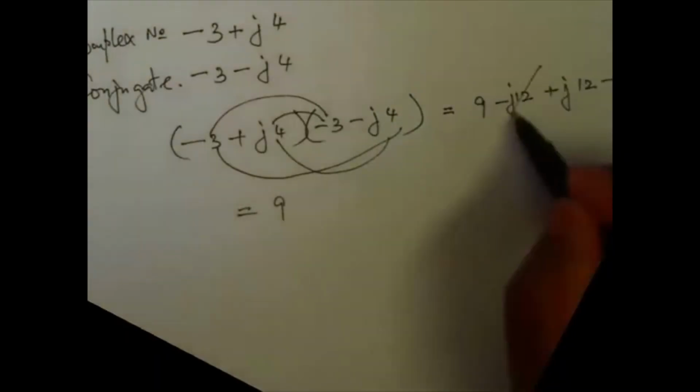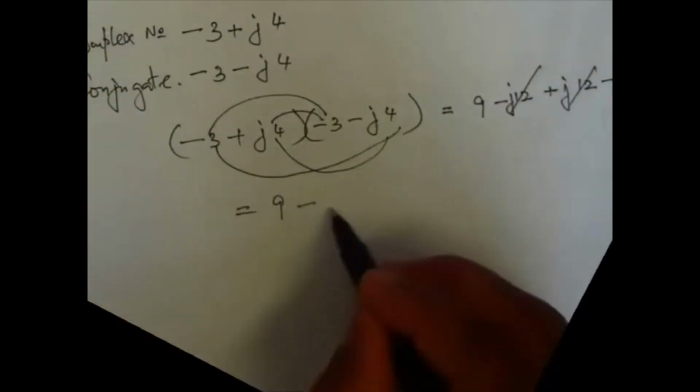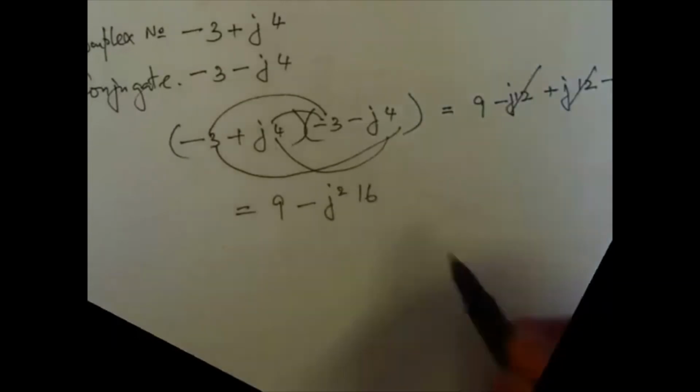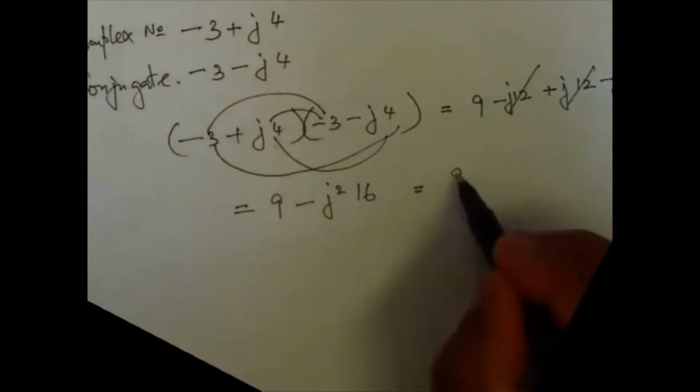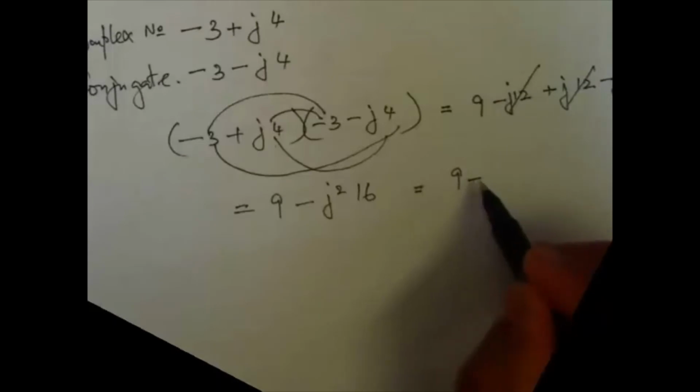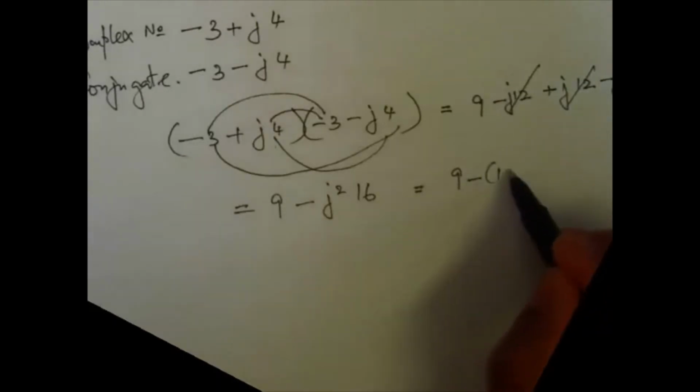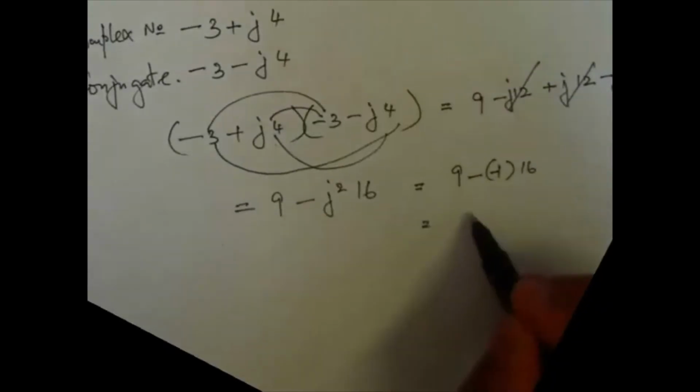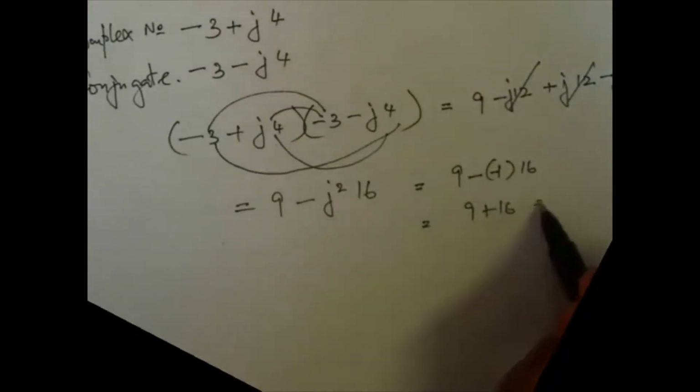These two get cancelled, so we have 9 minus j squared 16, which is 9 plus 16, which is 25.